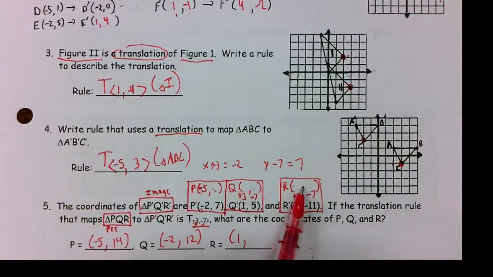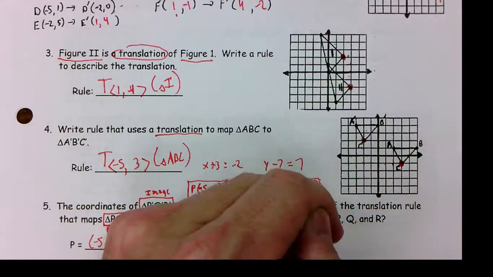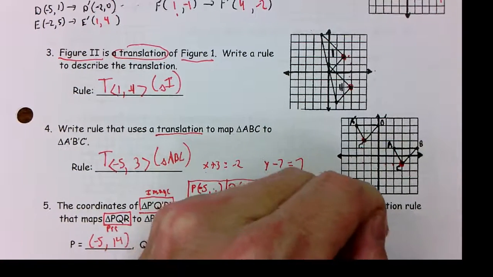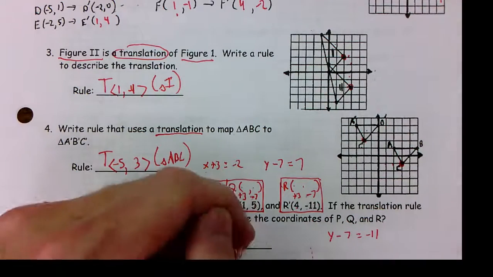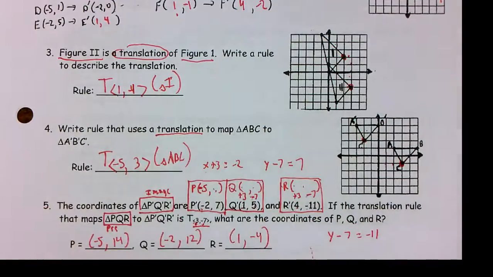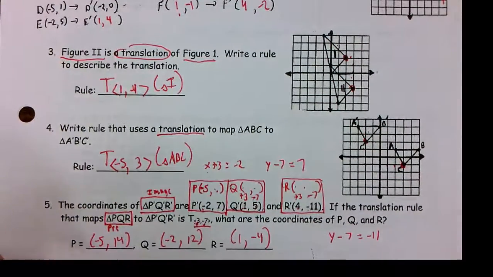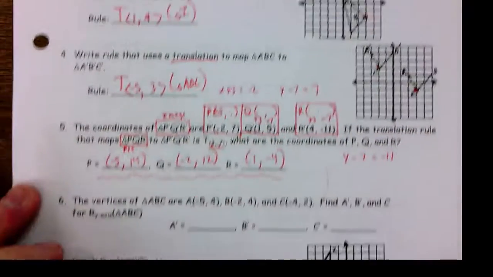I need to start at some number, subtract 7, and end up at negative 11. So that might be, let's see, some number minus 7 equals negative 11. I could write it like that to figure it out. That would be negative 4. And now I have the 3 coordinates of the pre-image, and we're ready to move on.